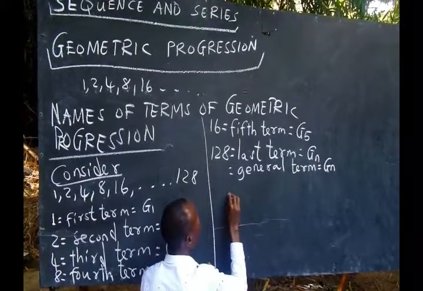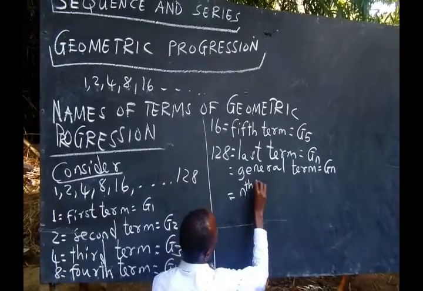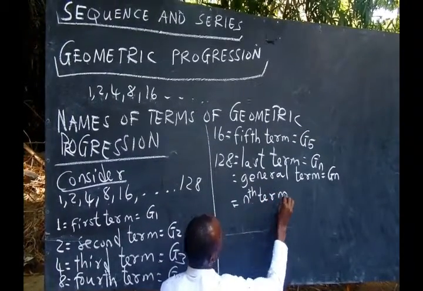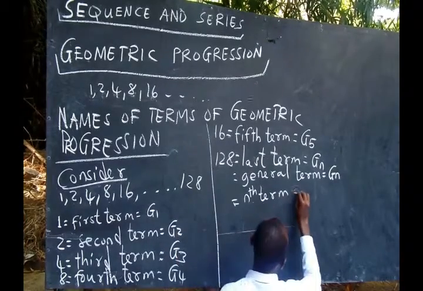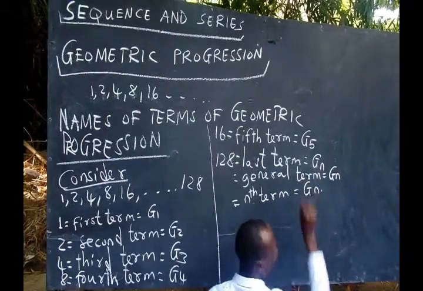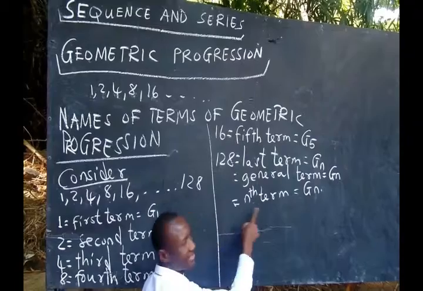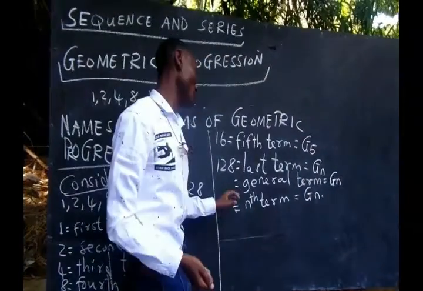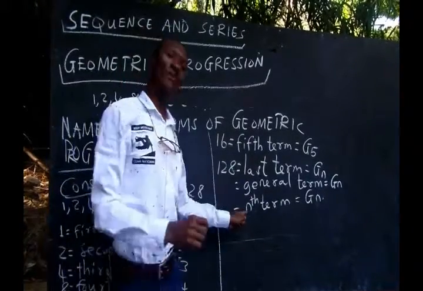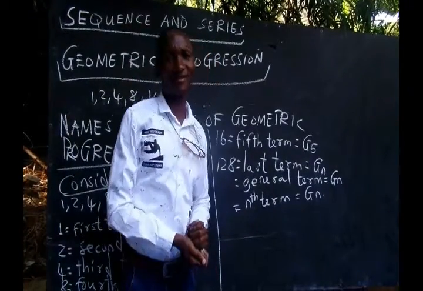It is also called the nth term of geometric progression, which is Gn. Last term or general term or nth term, whatever you like, my best friend.